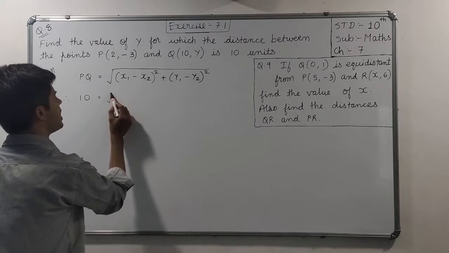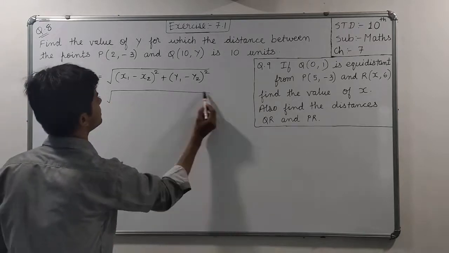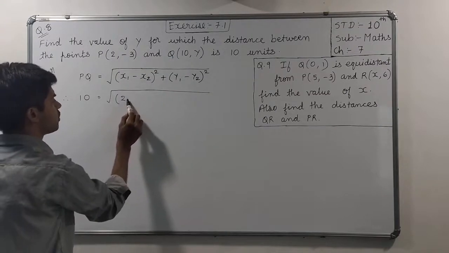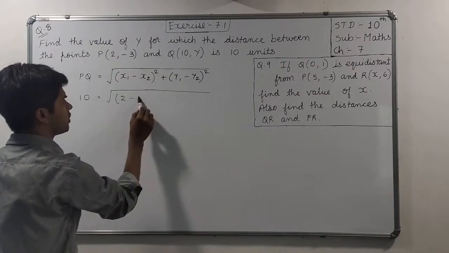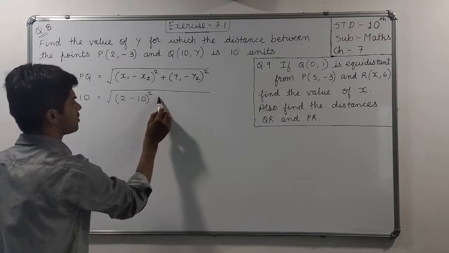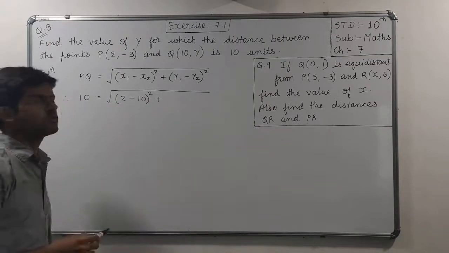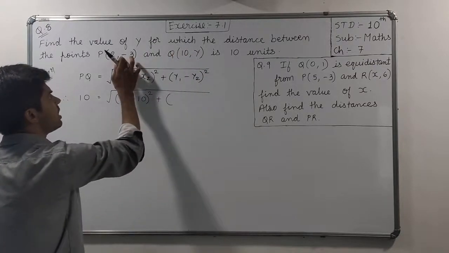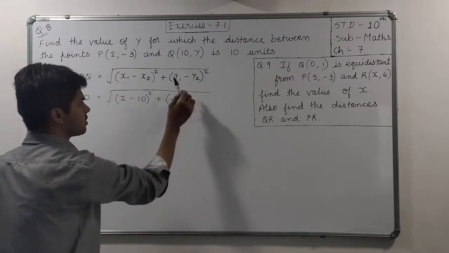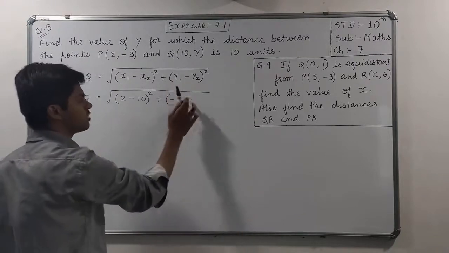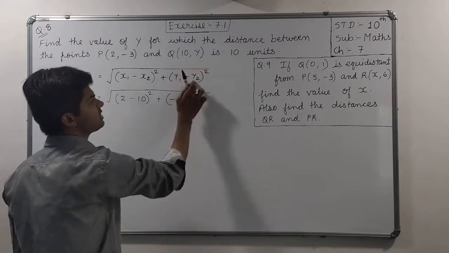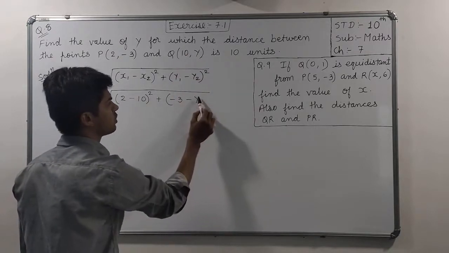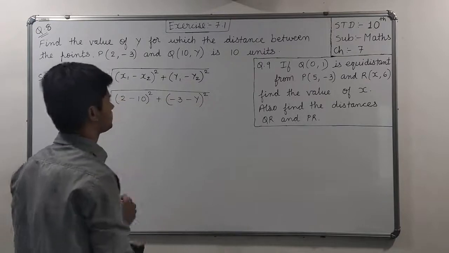let us put down the values, x1 minus x2, first minus first, it means 2 minus 10 whole square plus y1 minus y2, y1 is minus 3, minus is the sign of formula, y2 itself is y, हमारा y2 क्या है, y है, right? Okay, so y all square.